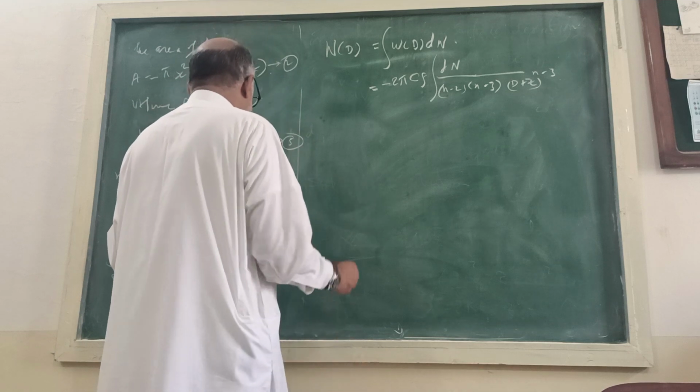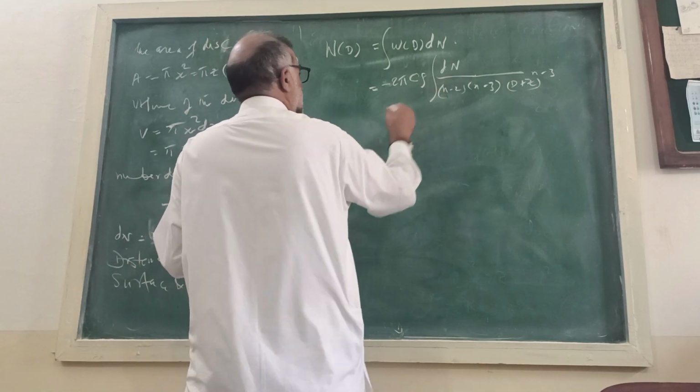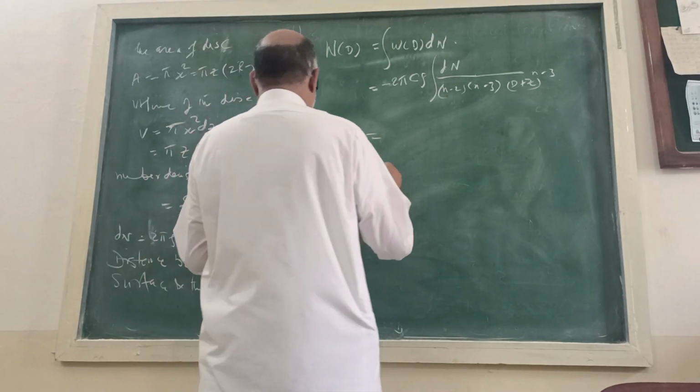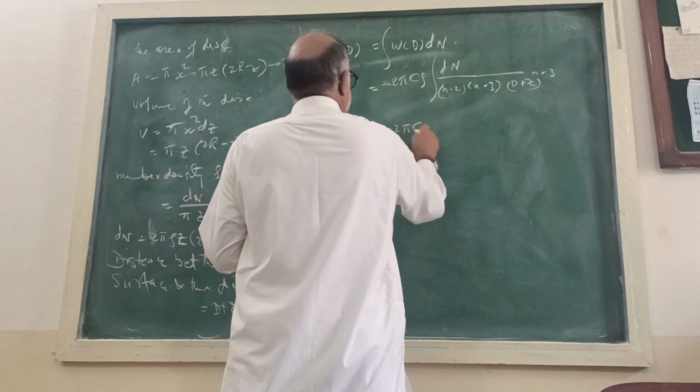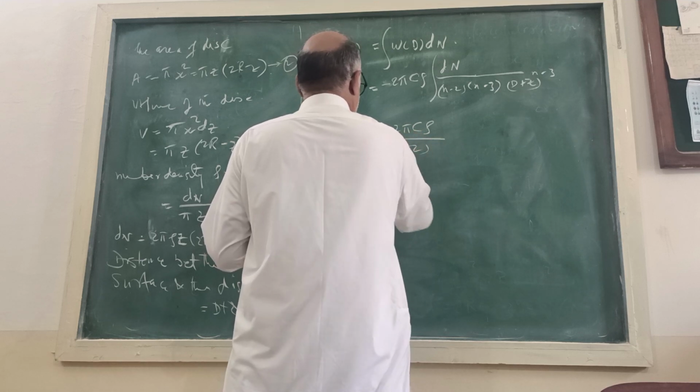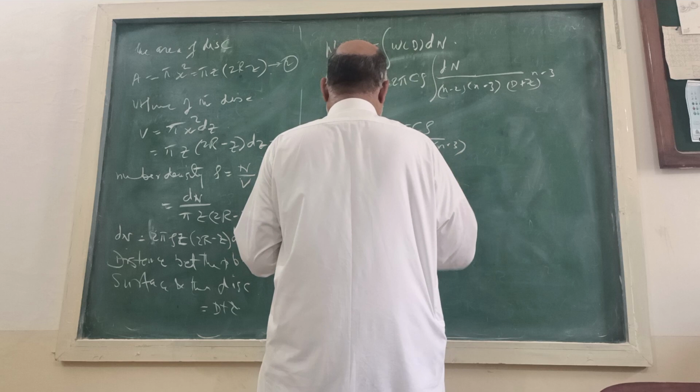Now, further simplifying, I want to put the volume element dn here. So that would be minus 2 pi c rho over (n minus 2)(n minus 3).